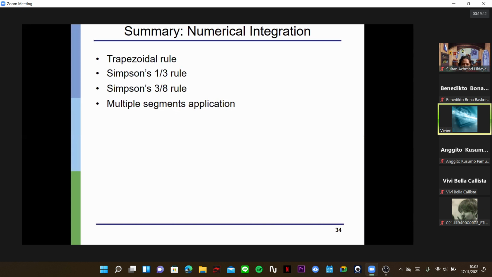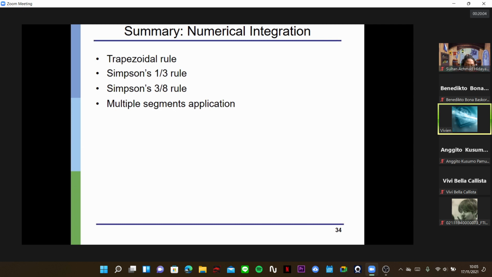Then we have Simpson's 1/3 rule, in which we approximate the real function with a quadratic equation so that we can find the area under the quadratic equation. And with Simpson's 3/8 rule, we approximate the real function with a third order or cubic equation so that we can find the area underneath.